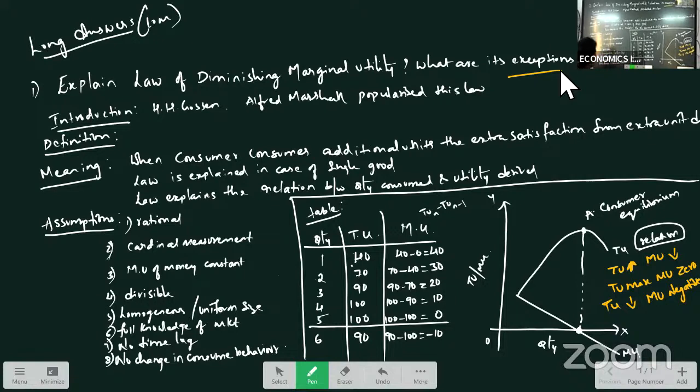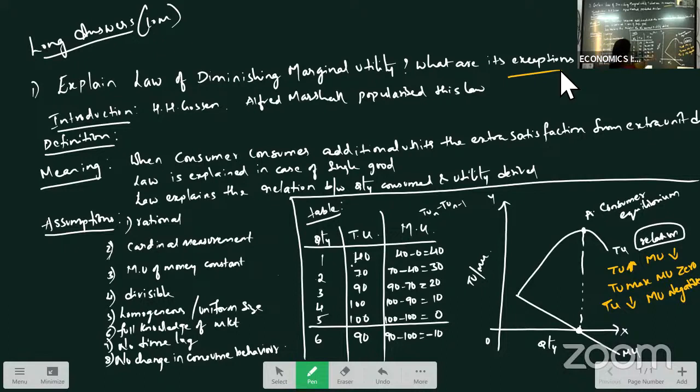Next, we say marginal utility of money remains constant, but as we use more and more money, the additional satisfaction will not remain constant. It will be increasing. So that is also against our law of diminishing marginal utility. And then there is no change in consumer behavior. If consumers' tastes and preferences are changing, then this law is not applicable.